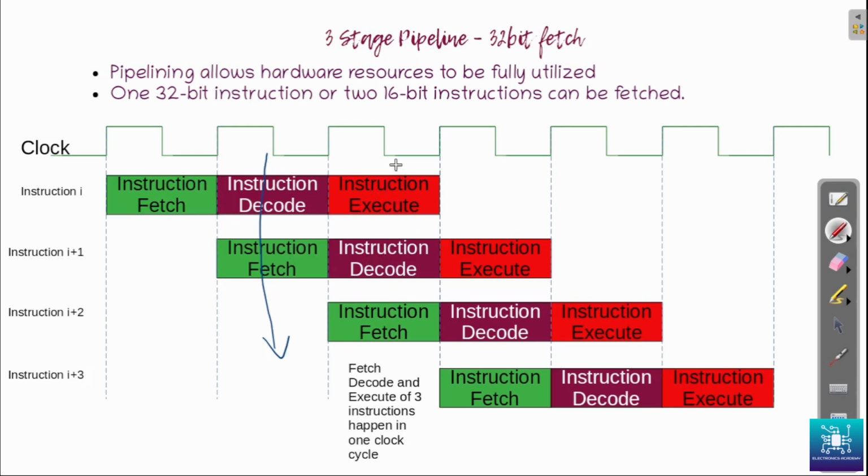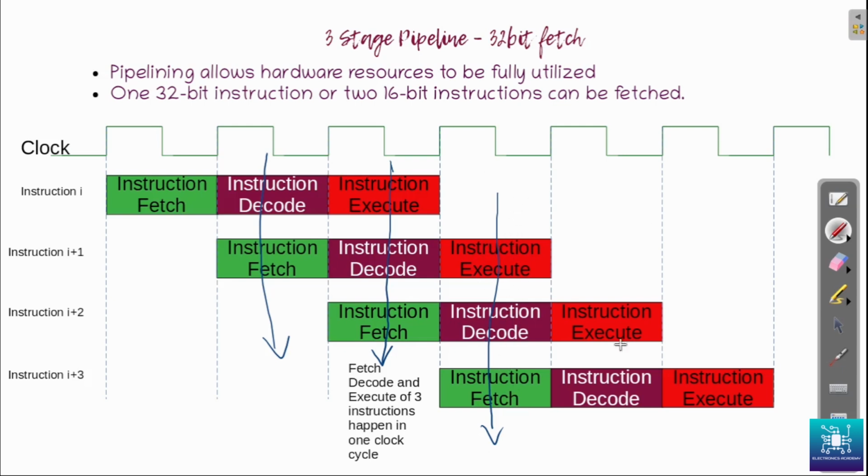instruction. This is where the beauty of a three-stage pipeline becomes clear, where in one clock cycle, one instruction is executed, another instruction is decoded, another instruction is fetched. In the next clock cycle, again, when the next instruction fetch comes, you again have instruction execute, decode, fetch.